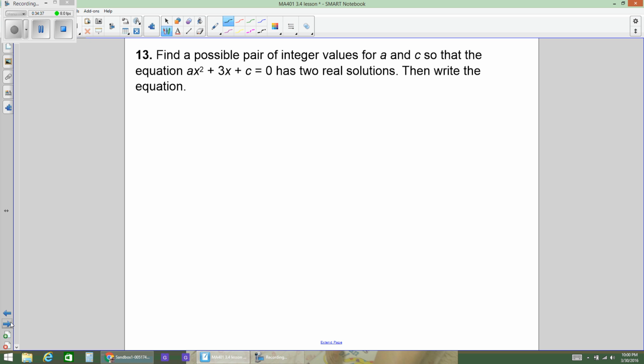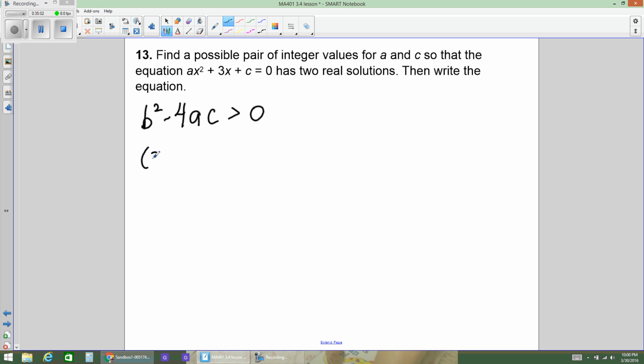It says find a possible pair of integer values for a and c so that the equation ax squared plus 3x plus c equals 0 has 2 real solutions. Okay, b squared minus 4ac, in order to have 2 real solutions, has to be greater than 0.